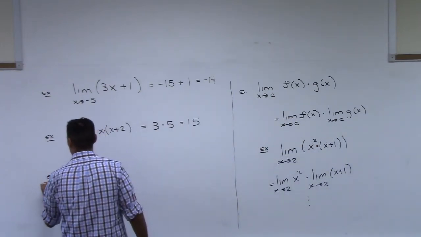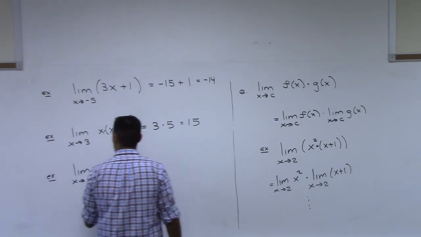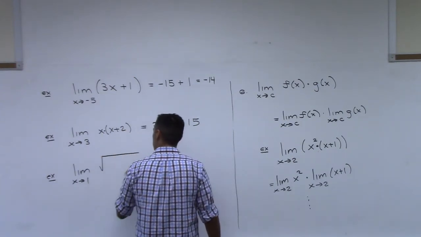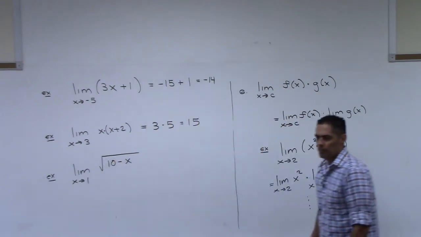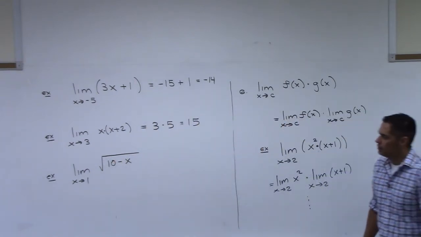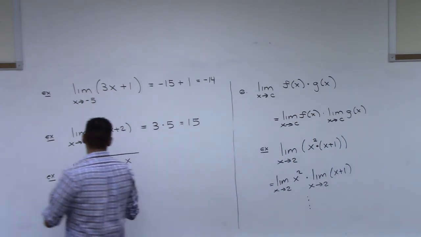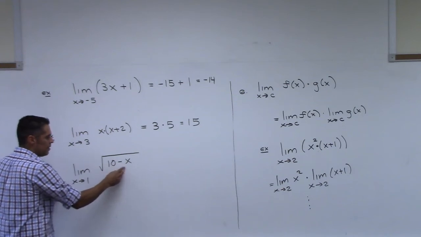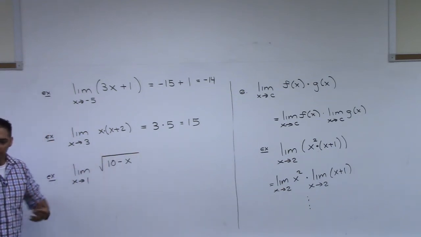Let's do another one. How about this? Limit as x goes to 1 of the square root of 10 minus x. Should be 3, right? Are we allowed to just take the limit of what's inside without taking into account the square root? Yeah, rule 8 would shift the limit.